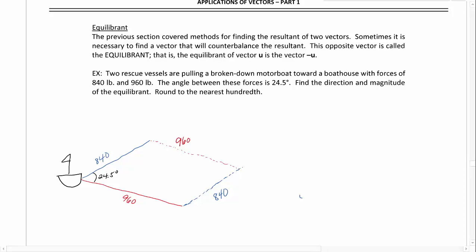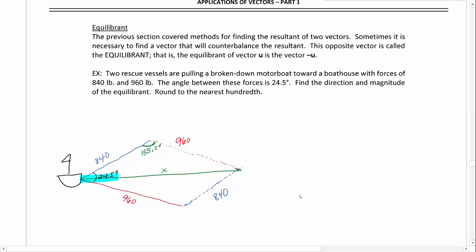We're looking first for the resultant vector, which is going to be the diagonal of this parallelogram. But we also need to use the fact that our adjacent angles on the inside are supplementary to each other, so that creates this angle, 155.5 degrees.